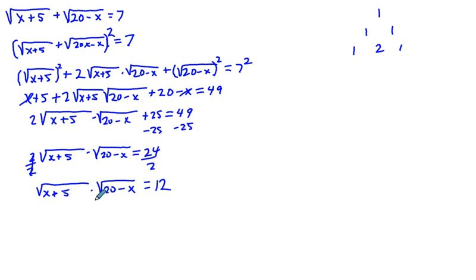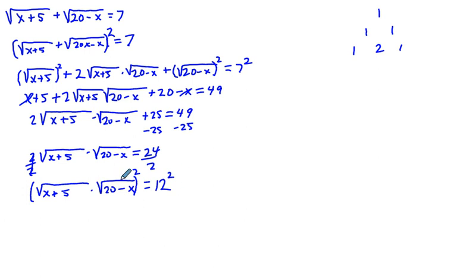Now, after all this work, we still have radicals, and we didn't get rid of the radicals. But we're going to persist here and do the same thing we did when we started out. We're going to square both sides of this equation.